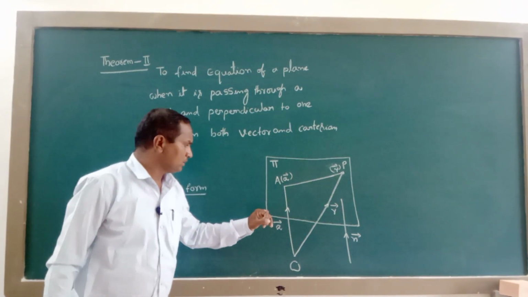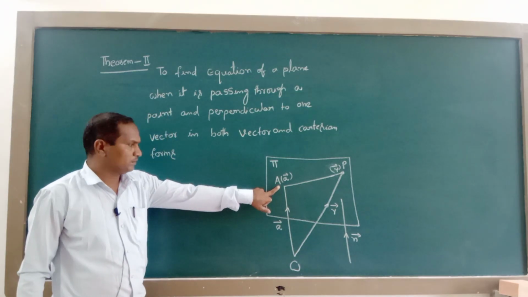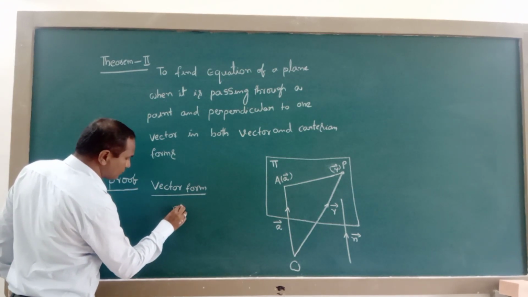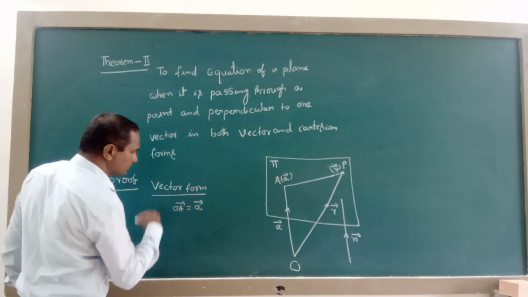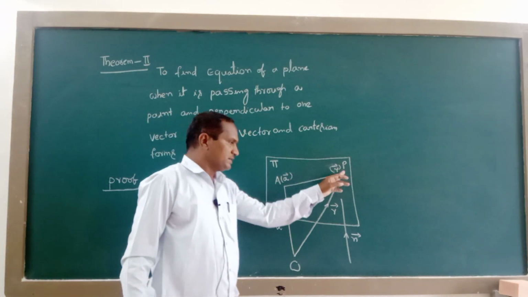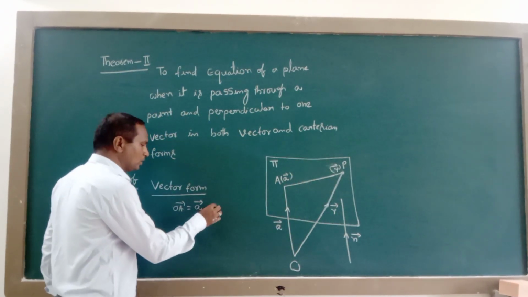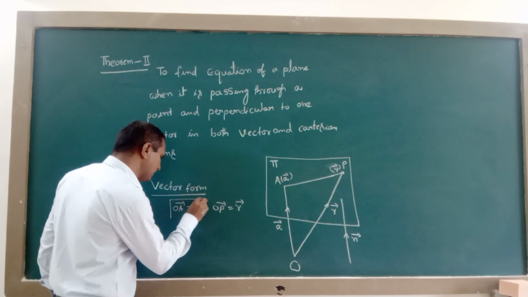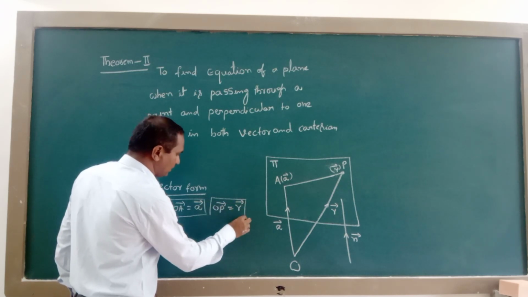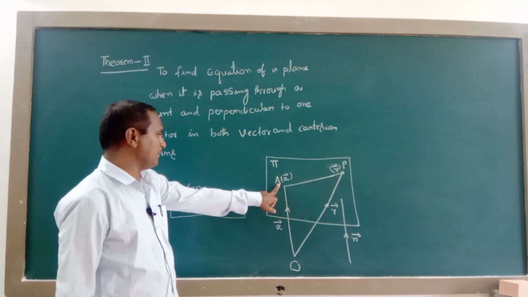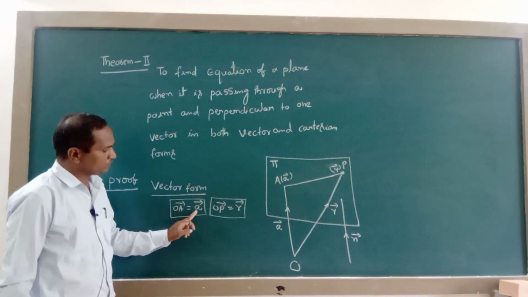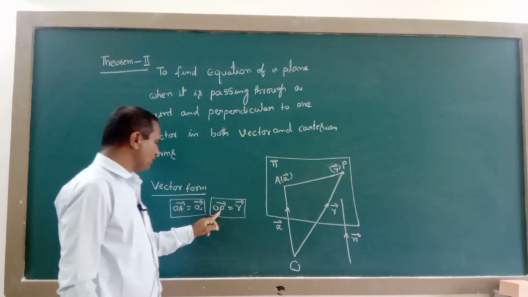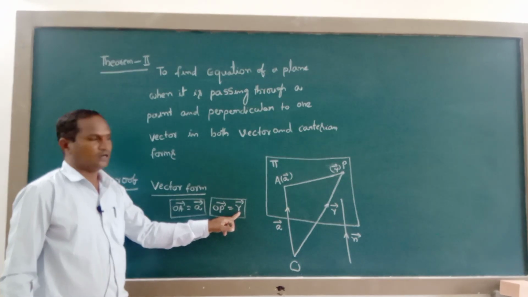By observing this diagram, the plane is passing through the point capital A with position vector OA equal to small letter a vector, and P is a general point in the plane with position vector OP equal to small letter r vector.